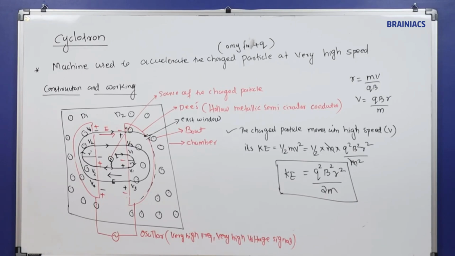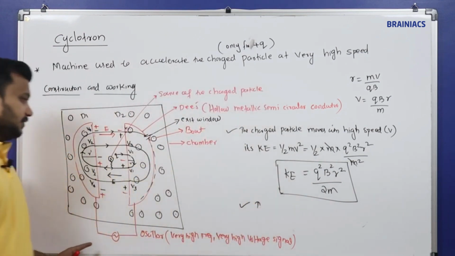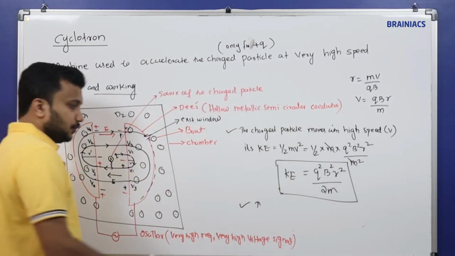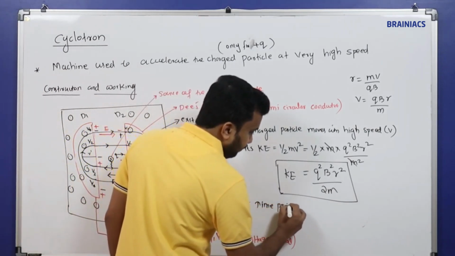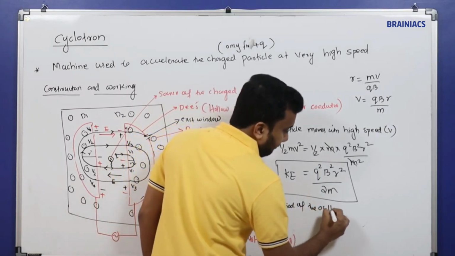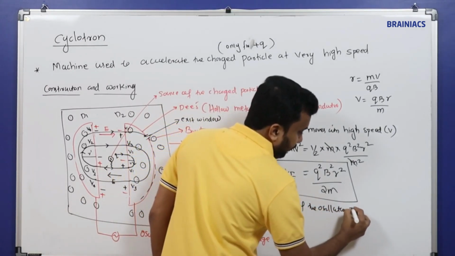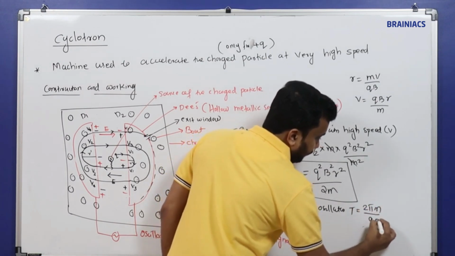Of course we know the time period of the oscillator and the frequency of the oscillator. The next point: this is an oscillator which is producing a sine wave signal, which will have a time period. We already know the time period equation, T is equal to 2 pi m divided by qB.